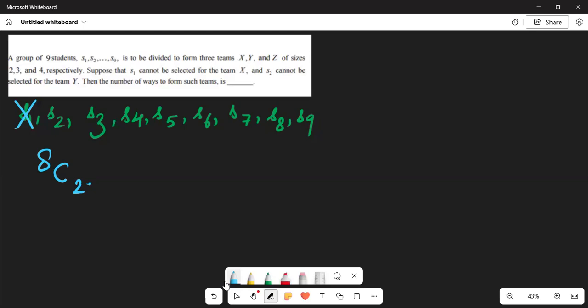See, there is a problem here because I haven't distinguished the cases. We have just chosen 2 students out of those 8. Whether S2 is there or not, right now it is not clear.